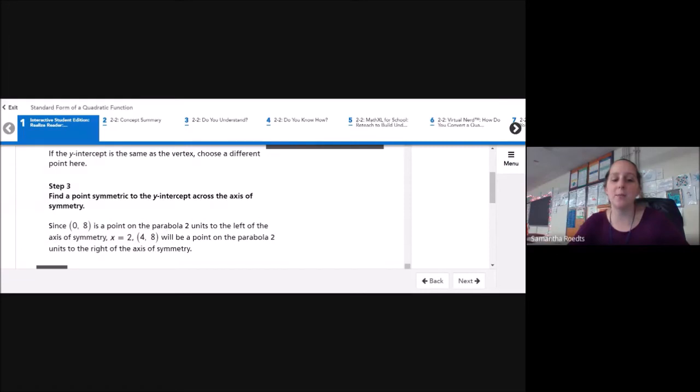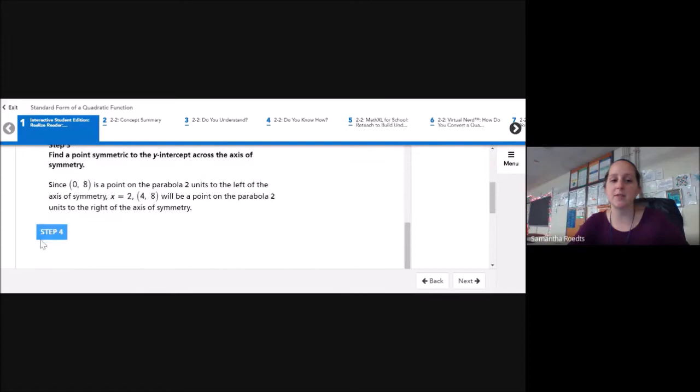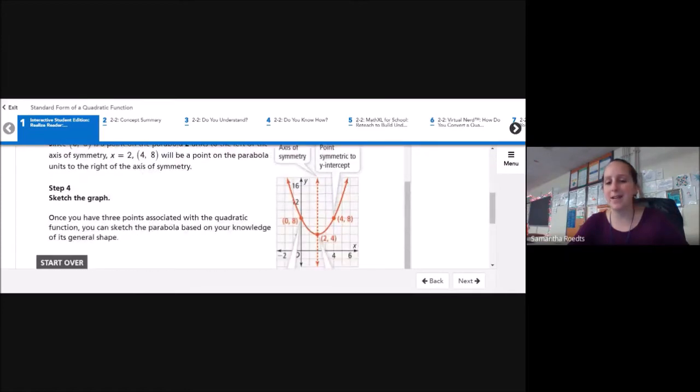Since (0, 8) is a point on the parabola, 2 units to the left of the axis of symmetry x equals 2, then (4, 8) will be a point on the parabola, 2 units to the right of the axis of symmetry. I can then sketch the graph. Once you have 3 points associated with the quadratic function, you can sketch the parabola based on your knowledge of its general shape.